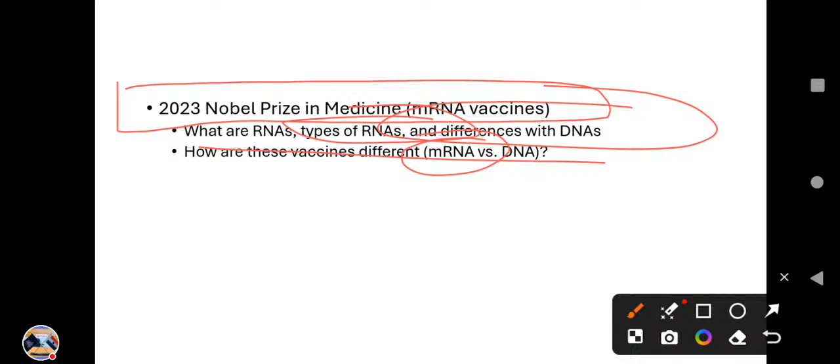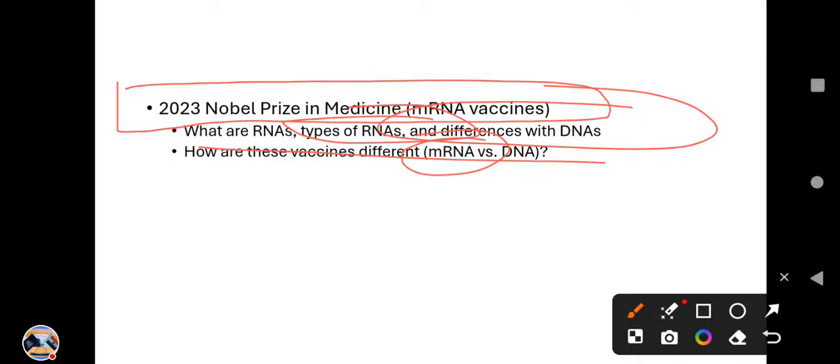The sugar component in RNA is ribose, and in DNA it is deoxyribose. Three bases are the same in both cases, but uracil and thymine are different: uracil is in RNA and thymine is in DNA.